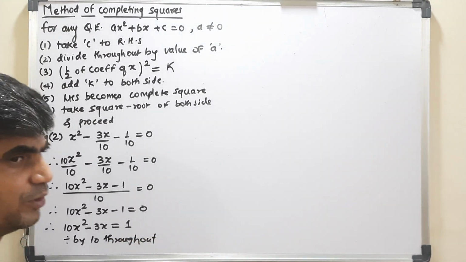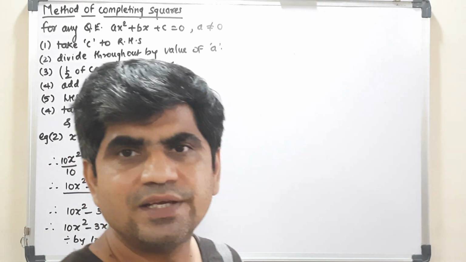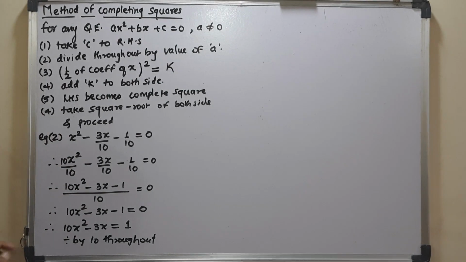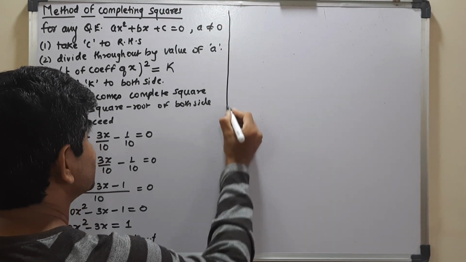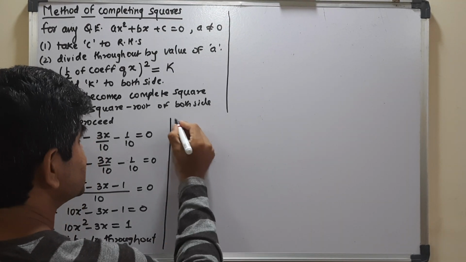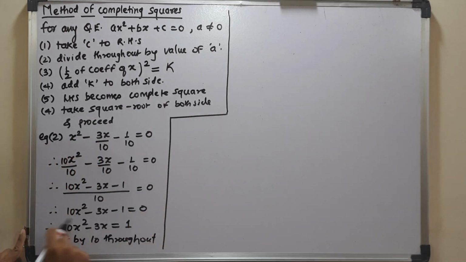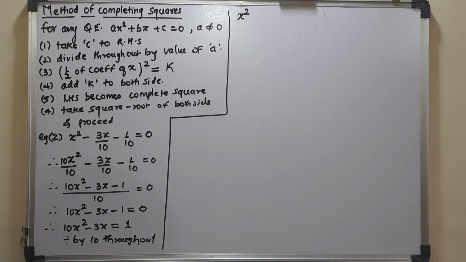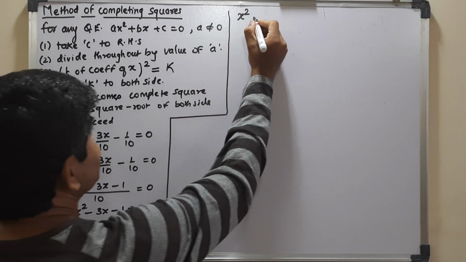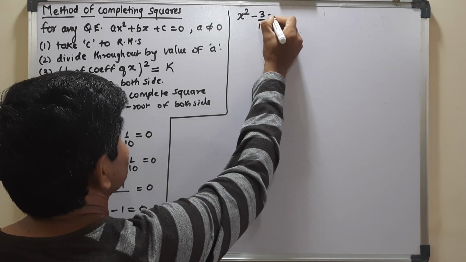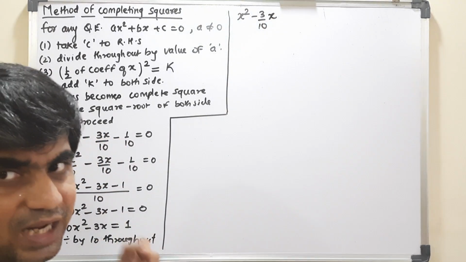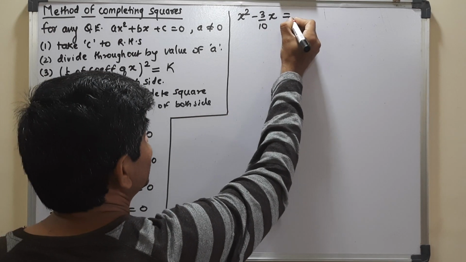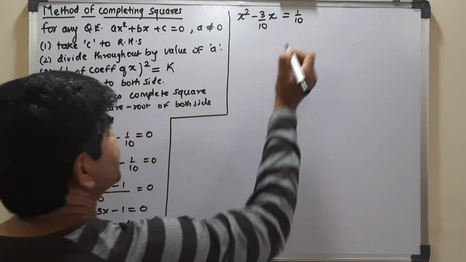And the division I told you, before plus, after plus, before minus, after minus, before equal to, after equal to. So what you get here is x square because it is 10 by 10, minus 3x by 10, equal to 1 by 10.